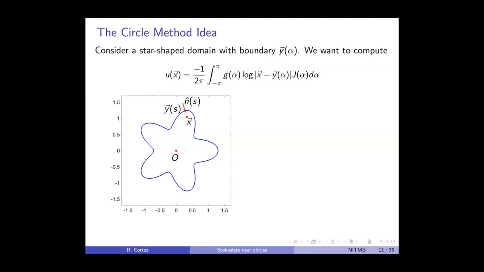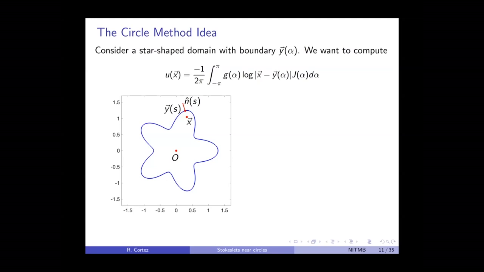And so what happens is that as x gets close to a point on the boundary, so y of s will be the boundary point that is nearest the evaluation point, we are getting close to a singularity in the function. So the idea is to just add and subtract something, right? I spend my life adding zeros or multiplying by 1.